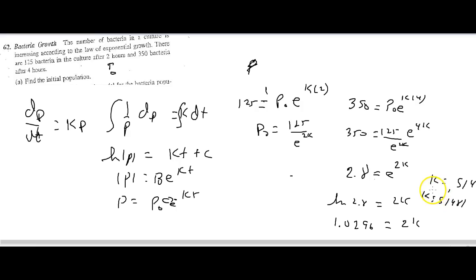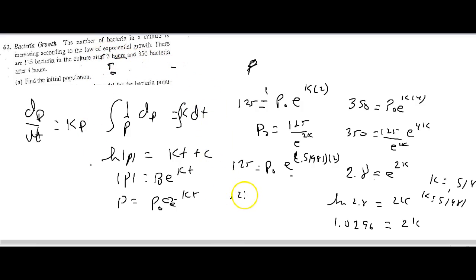Now how do I find my initial amount? Plug it back into either one of the original equations. I'm going to plug into this one. 125 equals P naught, which I still don't know, e to the k, k is 0.51481 times 2, and solve for P naught. So now I'm going to multiply that by 2, and I get about 1 point whatever. I'm going to do e to that, and I get 2.8, which is not completely shocking for reasons that have to do with the fact that we already asked that question a second ago without knowing we asked it.